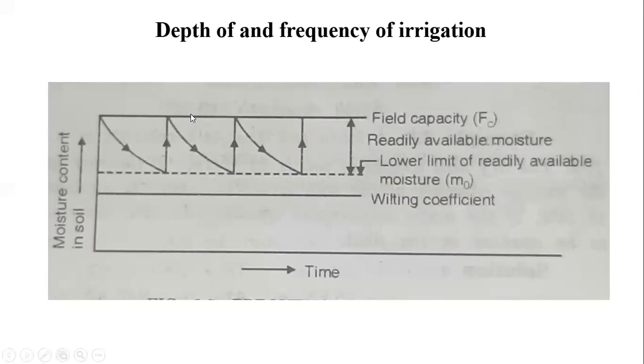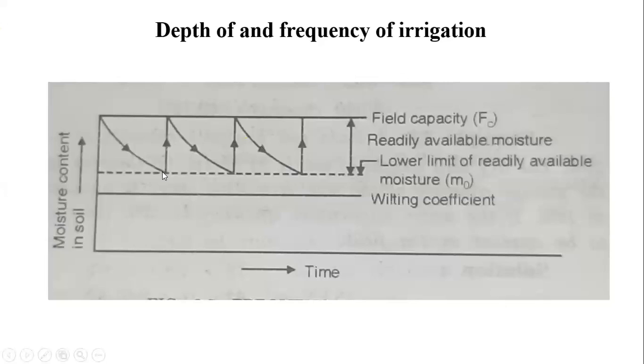Then after reaching the field capacity, again we stop the irrigation. Then again it will start to deplete the water level and reach the optimum moisture content MO. Then again we have to start the irrigation, up to the field capacity, that is the maximum available moisture content. Likewise we continue the irrigation. That means the frequency we go for is after 1 day, which we have considered.